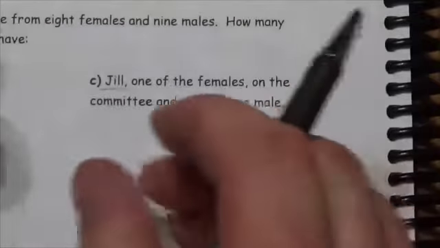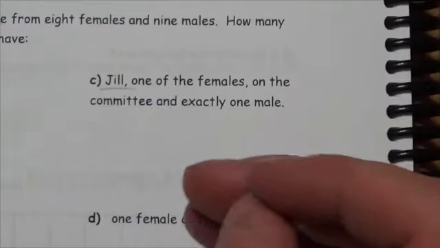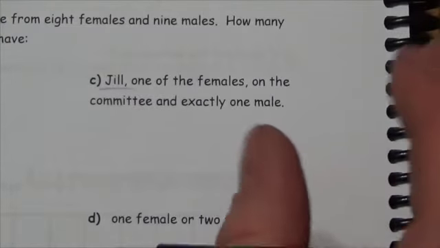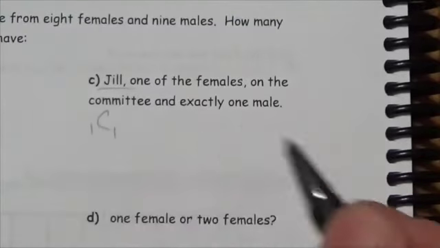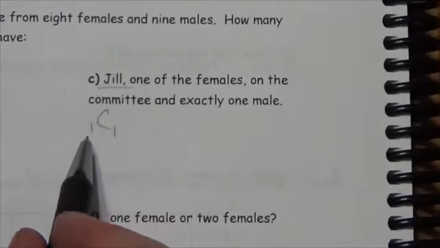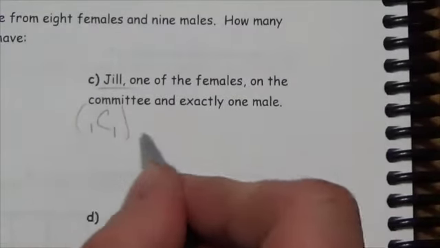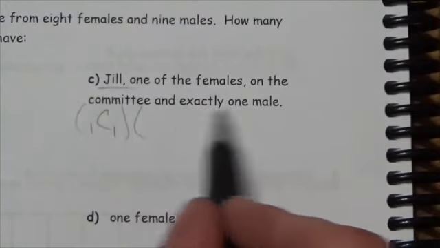You don't want to think of this as I'm choosing. This isn't a probability question. I'm not asking what's the probability that I get Jill. No, I am choosing Jill. How many Jills are in the group? Only 1. So there's 1 Jill, and I'm going to choose that 1 Jill. Once we've chosen her, we're told there's exactly 1 male.